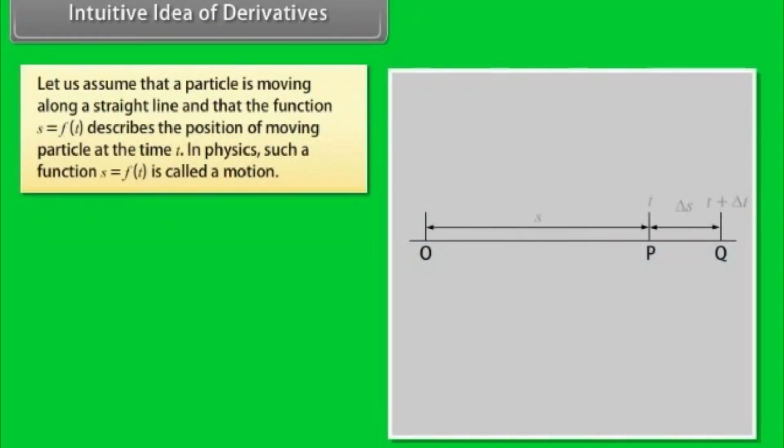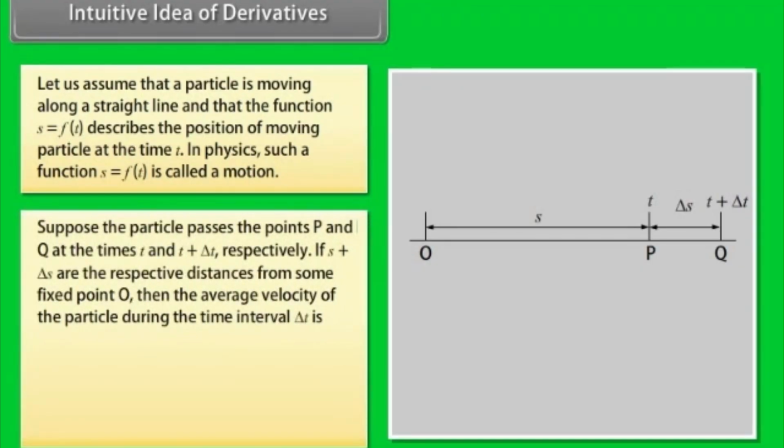Intuitive idea of derivatives. Let us assume that a particle is moving along a straight line and that the function s equals f of t describes the position of the moving particle at time t. In physics, such a function s equals f of t is called a motion. Suppose the particle passes the points P and Q at the times t and t plus delta t respectively.